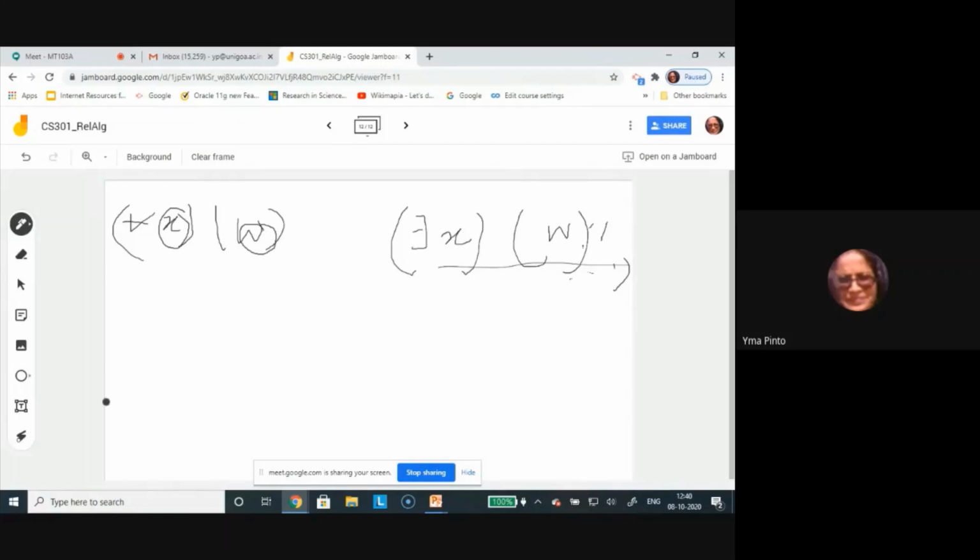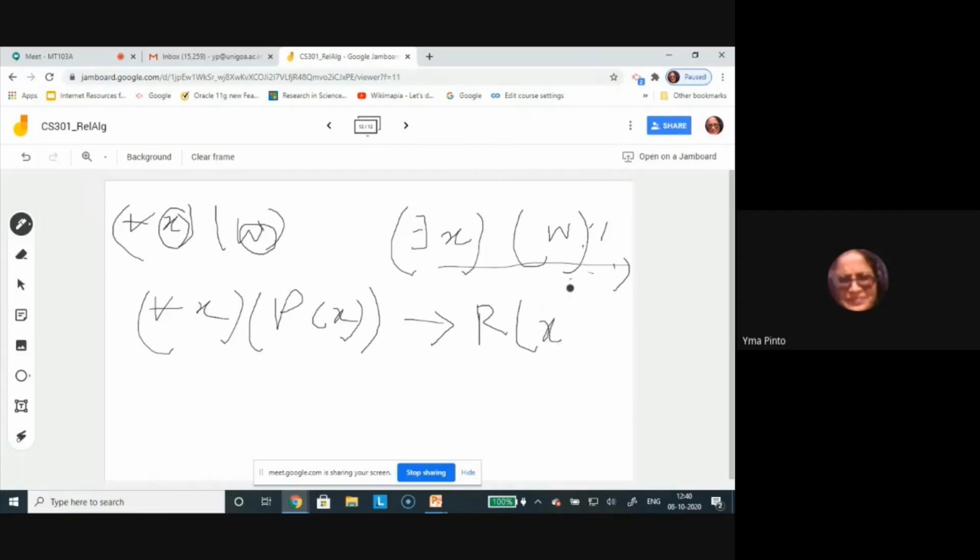Supposing I did something like this: for all x, p of x. I'm not looking at whether this proposition is true or false right now. But I say for all x, p of x implies r of x.